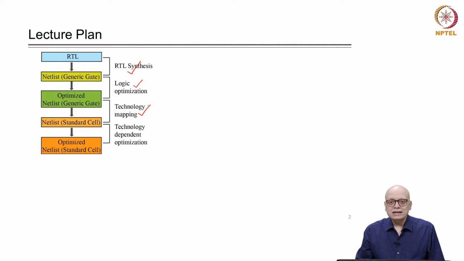So, at the end of technology mapping, we get a netlist which is in terms of standard cells of the technology libraries. And in the last lecture, we discussed that once we have a netlist in which the cells are from the technology libraries for which the transistor level implementation is defined, the PPA of the design can be estimated.